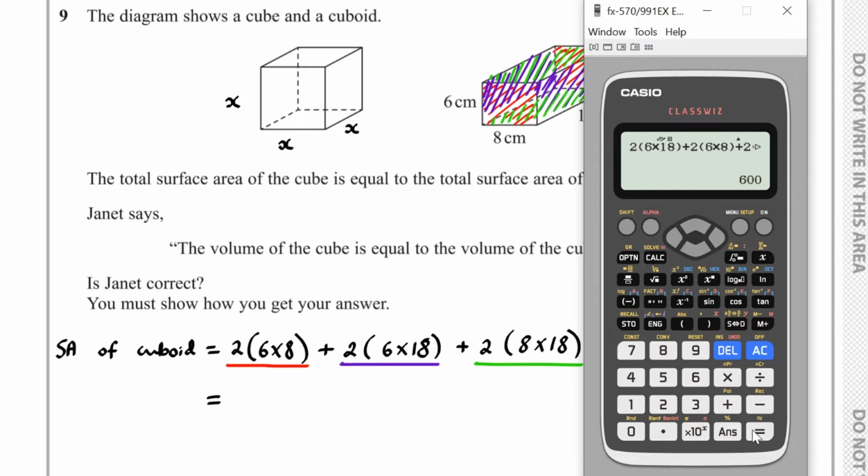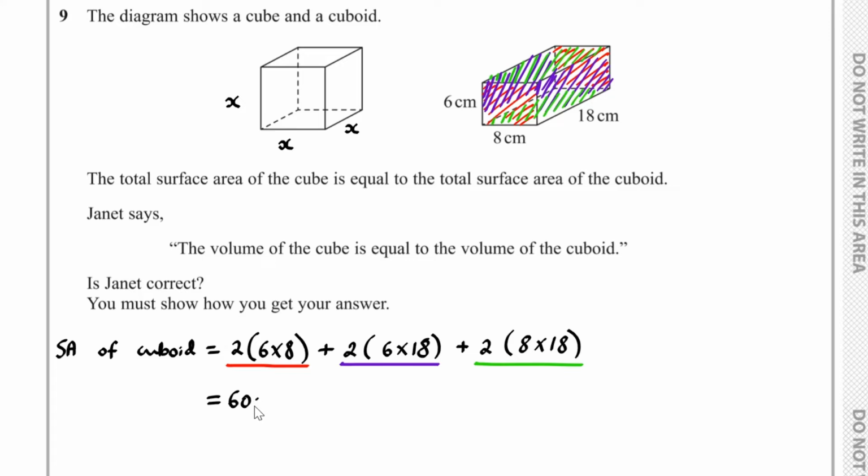It turns out here we get 600. So the surface area of the cuboid is 600 centimeters squared. And if we consider the surface area of the cube, well, we've got 6 faces in total, and the area of each face will be x times by x.